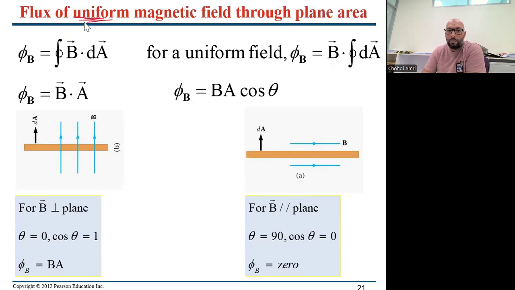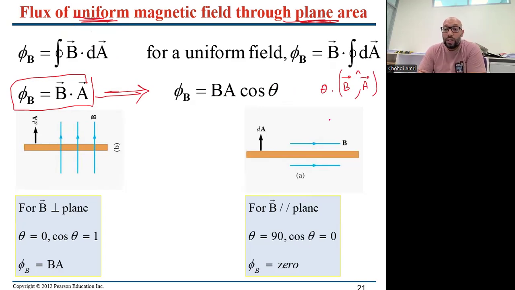So if B is uniform and we have a regular area, the flux is B dot A. Since it's a dot product, the magnetic flux will be the magnitude of the magnetic field multiplied by the area multiplied by cosine of theta. Theta is the angle between the magnetic field and the vector area. And the vector area, we recall from chapter 23, is the vector perpendicular to the surface area, and its magnitude is equal to the area itself.